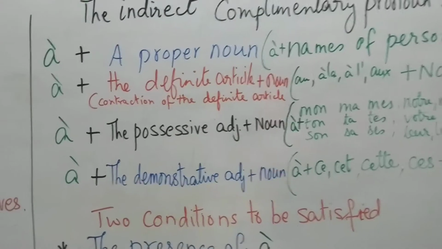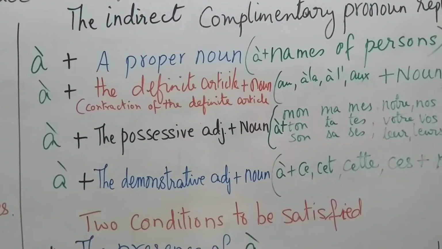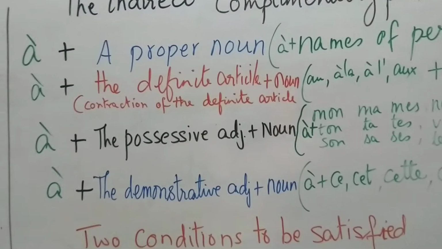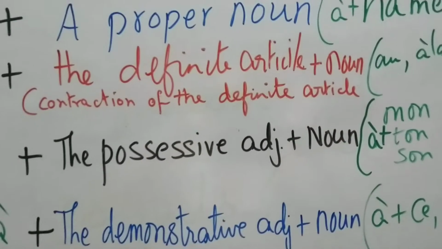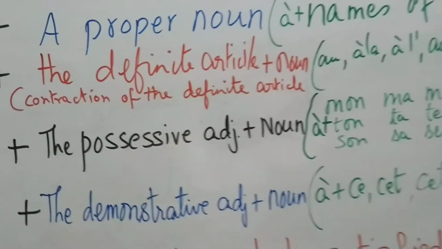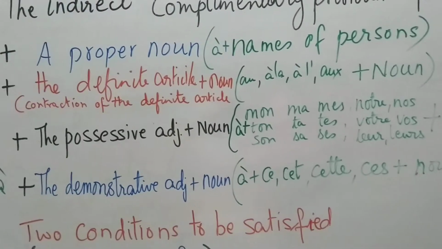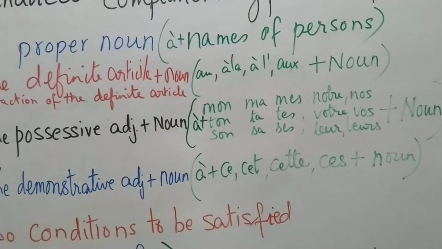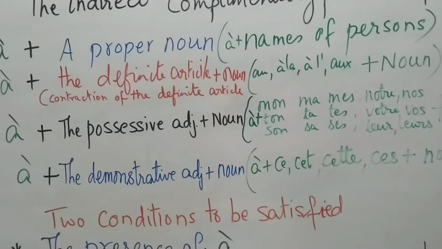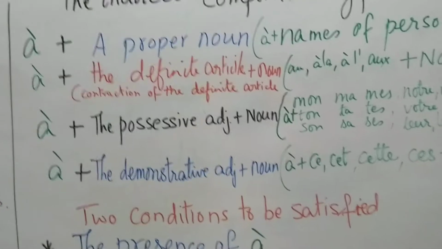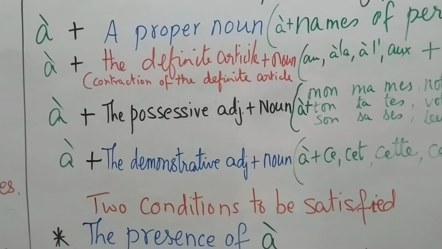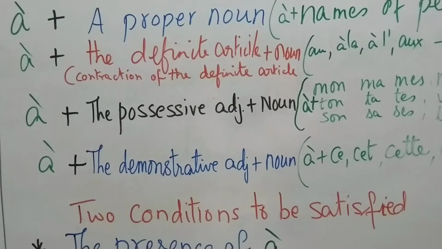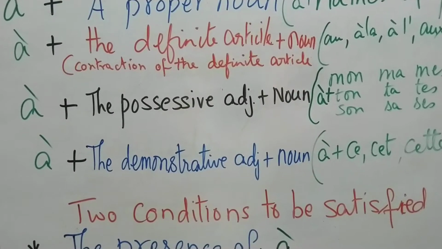Secondly, it will replace à plus the definite article and the noun, which is otherwise known as the contraction of the definite article plus the noun. So, you will have au, à la, à l' plus the noun, which will be replaced by the indirect complementary pronoun.